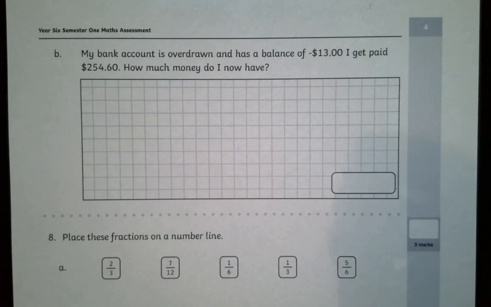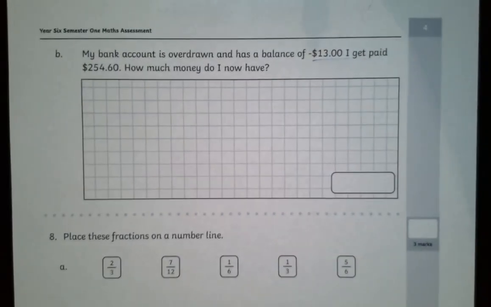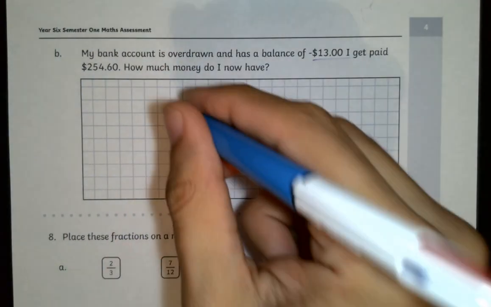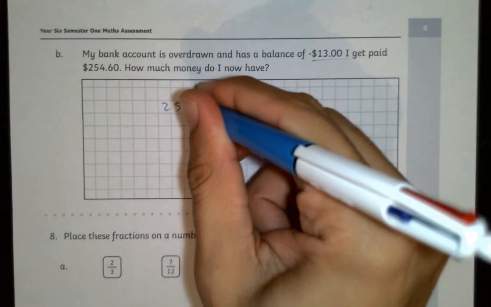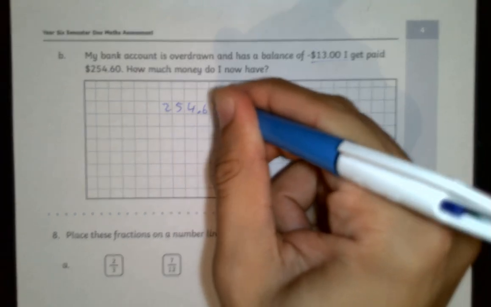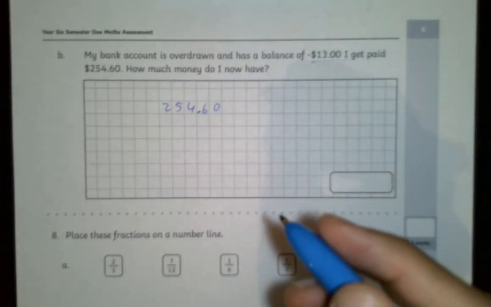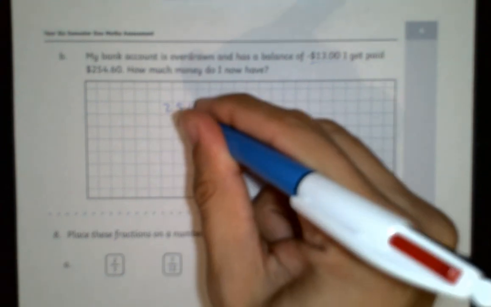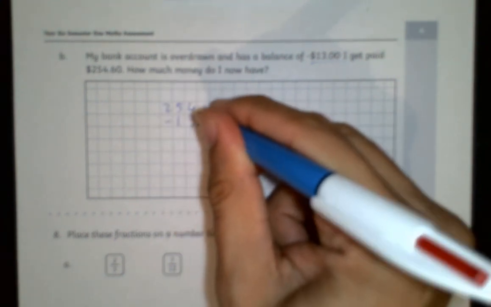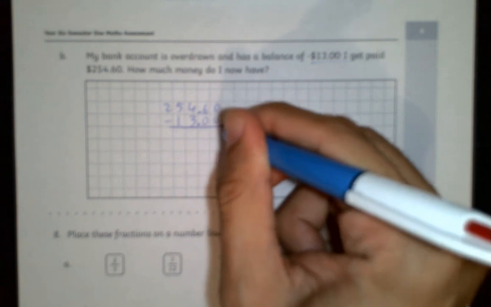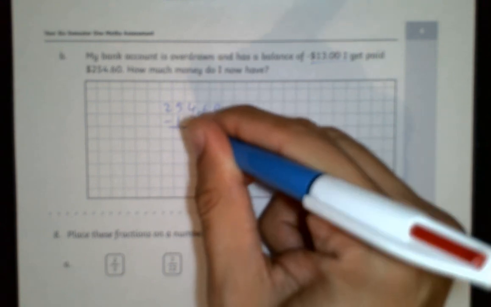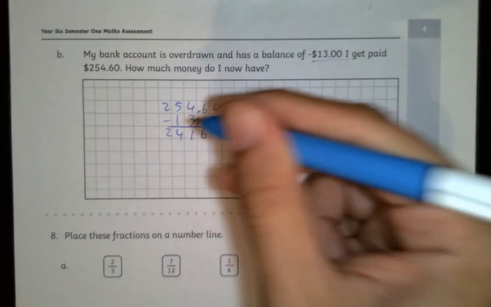Well, first up, because we're minus 13, which means we are 13 below zero, we need to take that away from the $254.60 because that's how much it will take us to get to the 0 point. So I just do subtraction. 0 take 0, 6 take 6, 4 take 1, 5 take 4, 2.